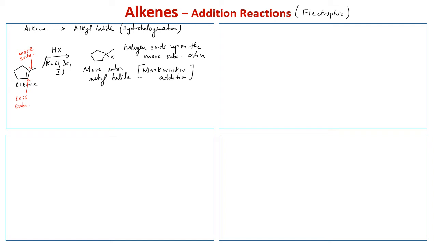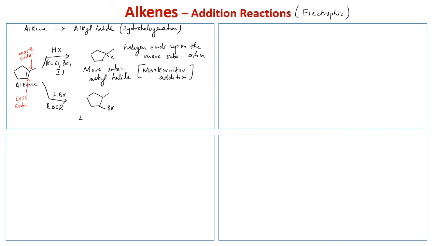Now, if we did the same reaction, where instead of using any HX, the reaction applies to only HBr, one of the HXs that is possible, and we use HBr but with peroxide in this reaction, then we will get the alkyl halide where the Br is now connected to the less substituted carbon.